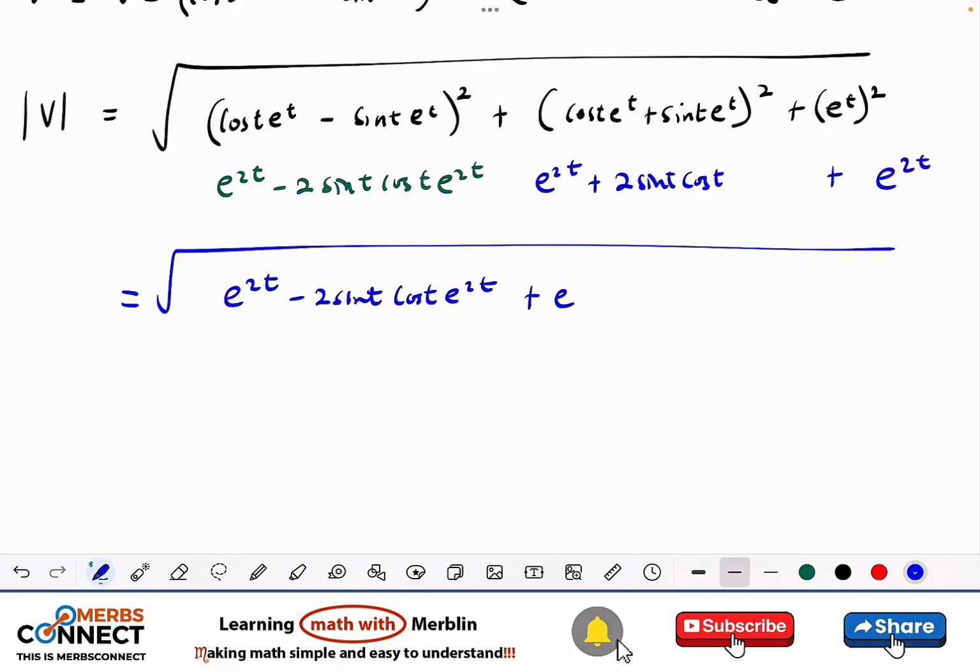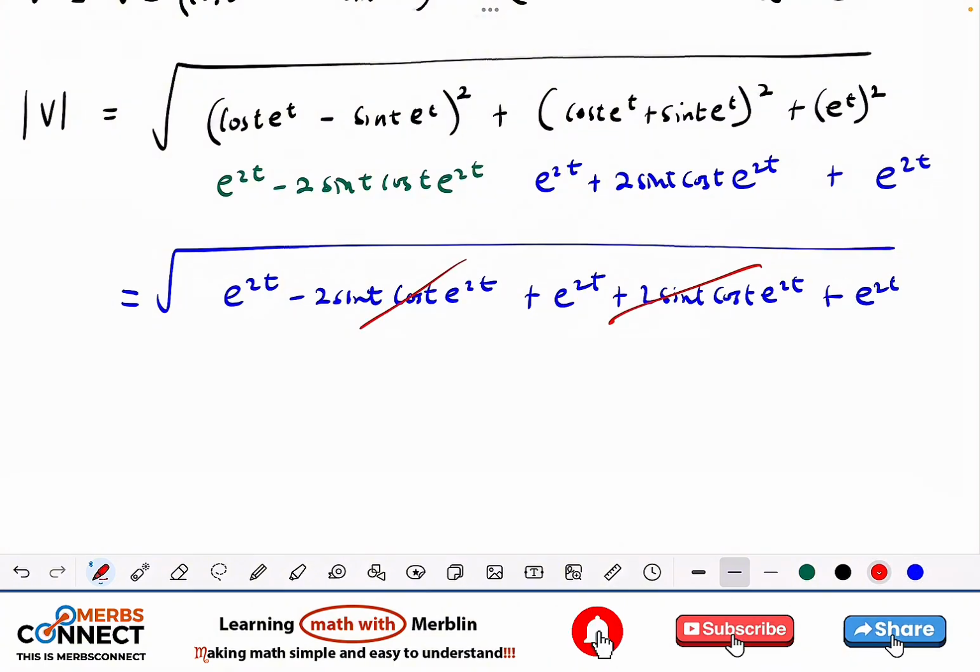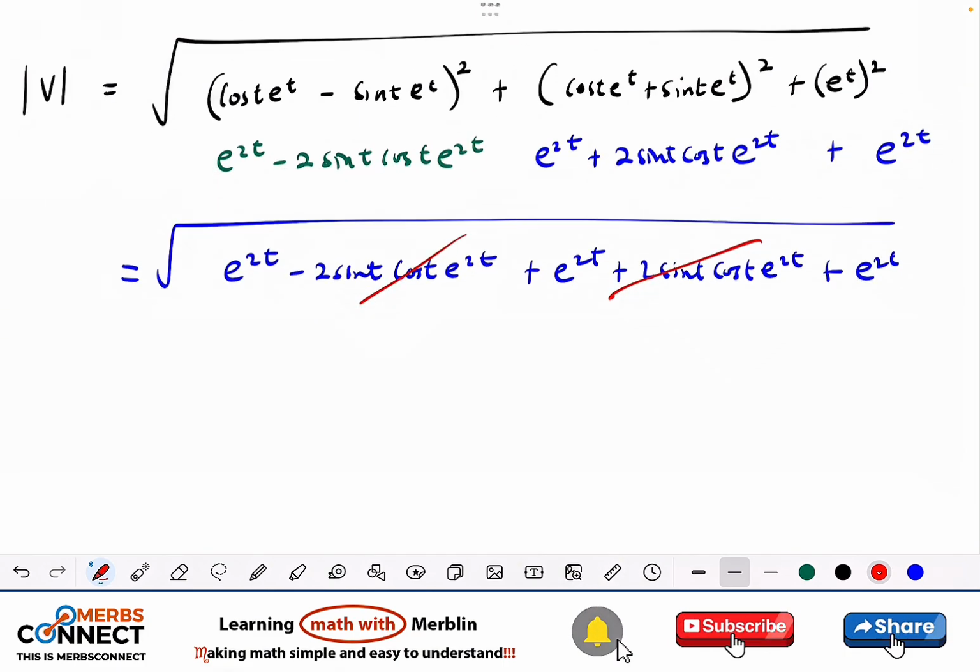This one should go with e to the power 2t. Good. So plus e to the power 2t plus 2 sin t cos t e to the power 2t. And then the magic happens. That's all the magic that we were looking for.